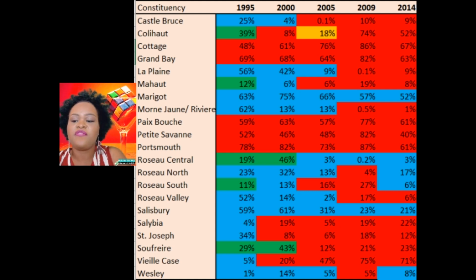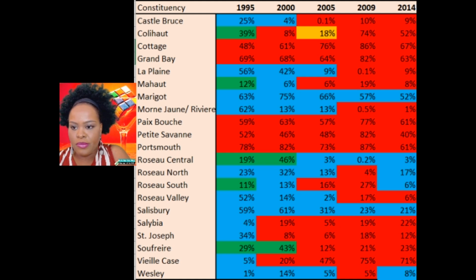We also have a 5% win for the Dominica Labour Party in Wesley turning into an 8% win for the United Workers' Party in Wesley. So those small percentage wins are easy to turn into a loss for that party. So it's very likely that those low percentages could change hands or remain with the same party depending on what exactly happens in the constituency over the period.